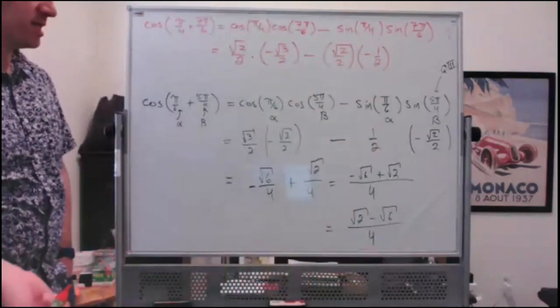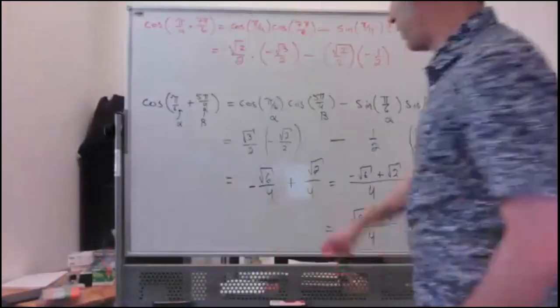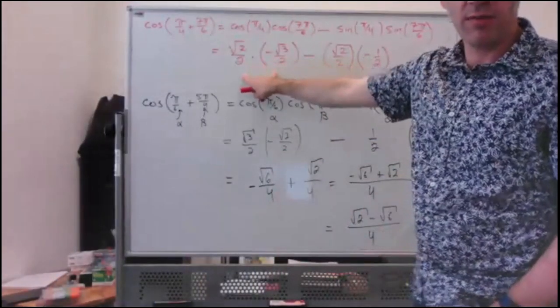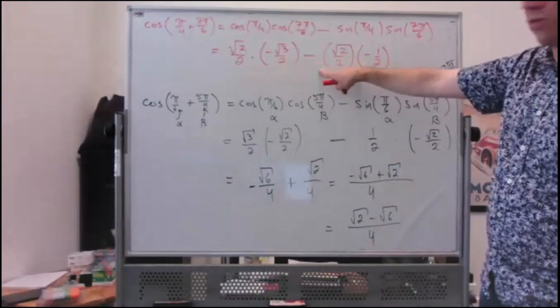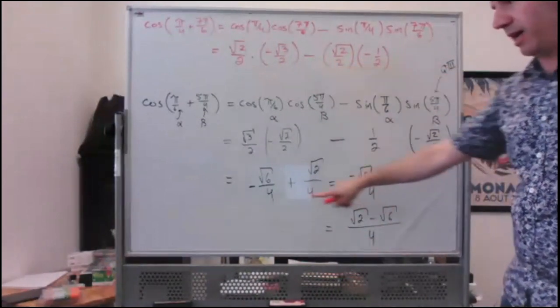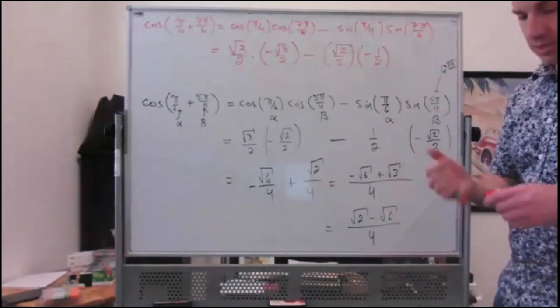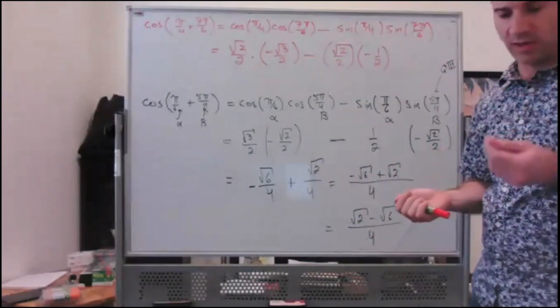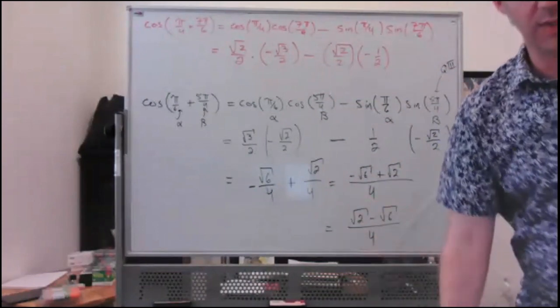And hopefully everybody can see that we've got the same thing, right? I've got a negative root 6 over 4 here, and a positive root 2 over 4 here, which is exactly what I had here, which is the same answer. So any way you break it down, as long as it's correct, should get you to the same answer.